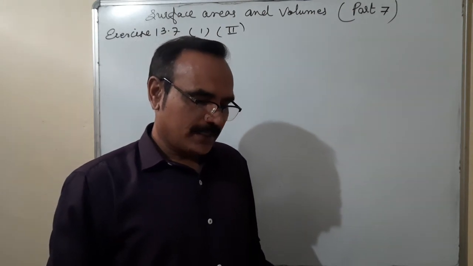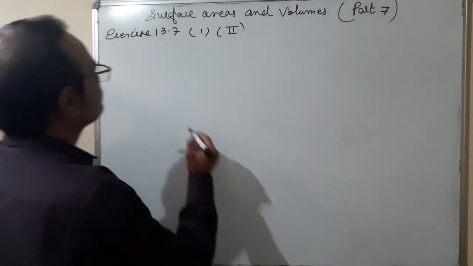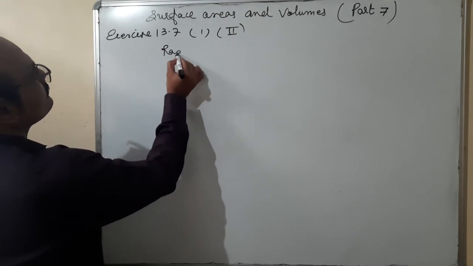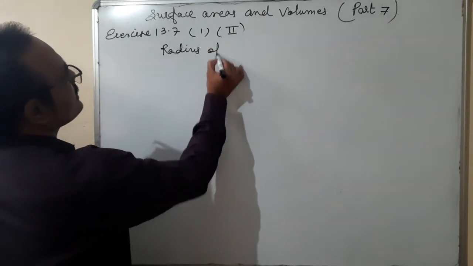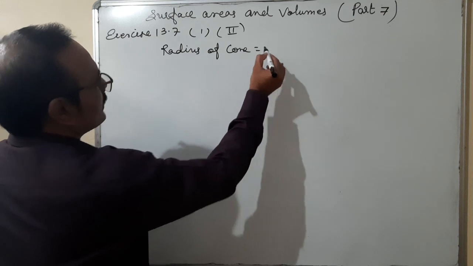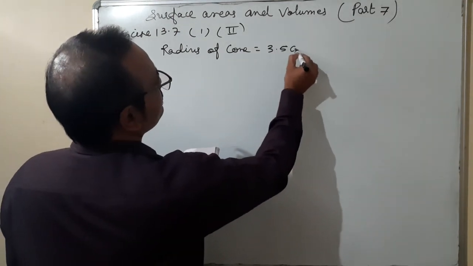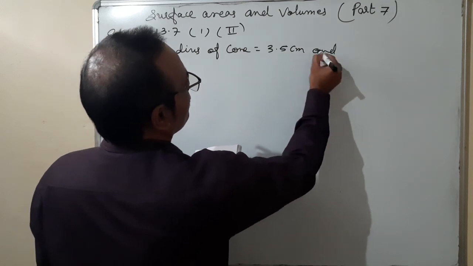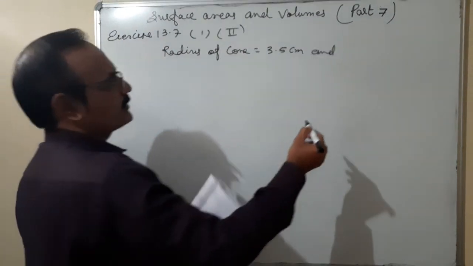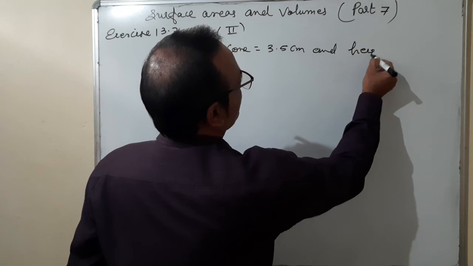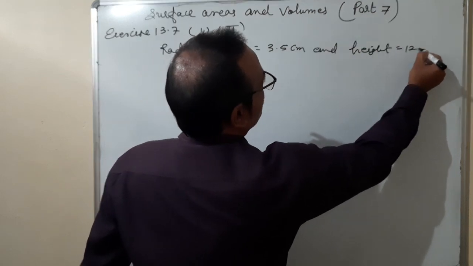It is given that the radius of the cone is equal to 3.5 centimeter and height is equal to 12 centimeter.